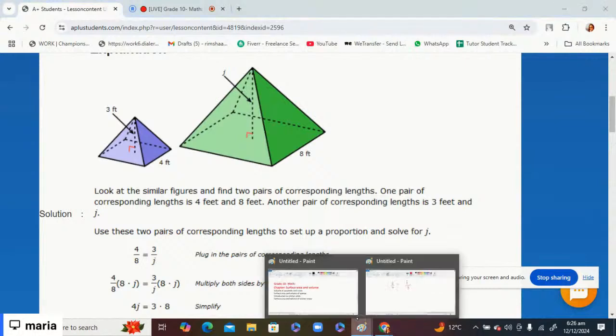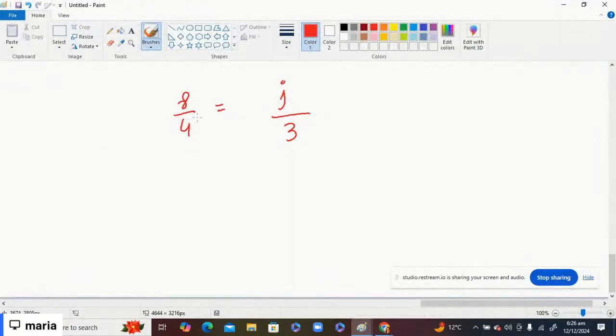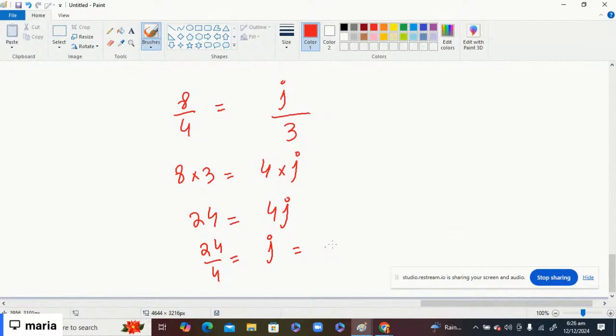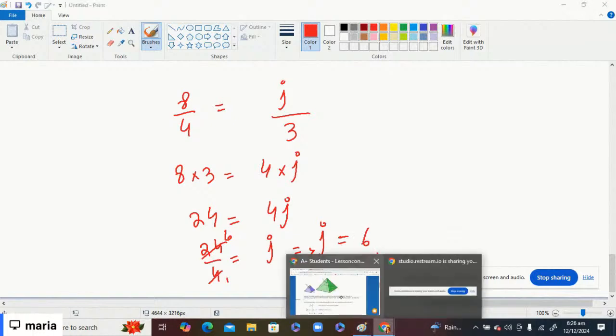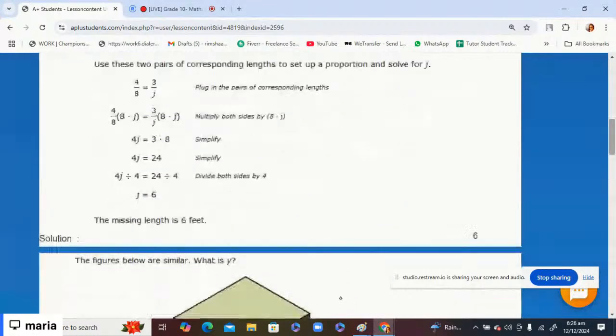Then finding out the answer. Okay, there is one other method. So 8 multiply with the 3, 4 multiply with the j. 8 times 3 is 24. And here it's 4j. Now 24 over 4, and here's j. So 4 times 6 is 24. So j is 6. Okay, this is the way that we solve.